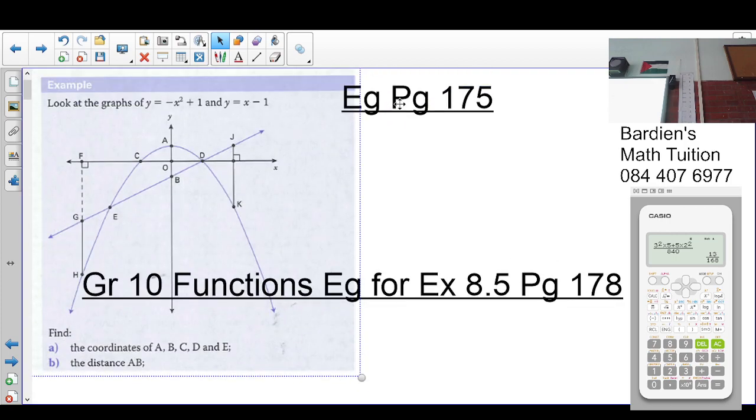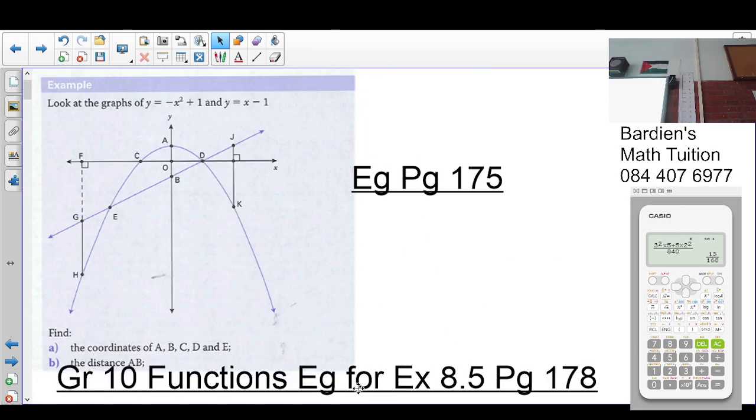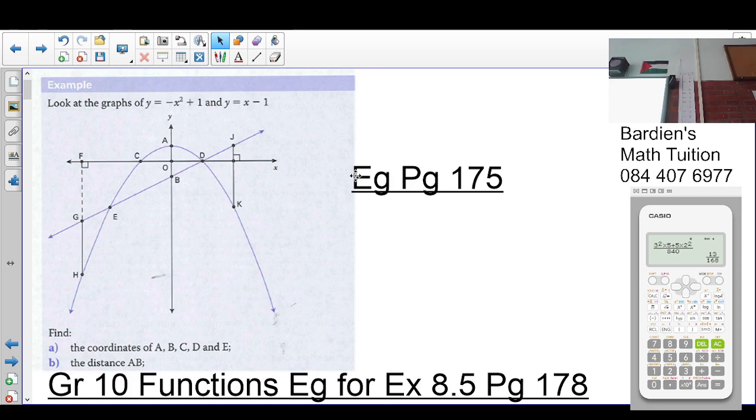So look at the graphs of y is equal to negative x squared plus 1. Now, which graph of the two is this? The straight line or the parabola? Both? How can negative x squared plus 1 be both graphs? She says not the straight line. Yes, well done.